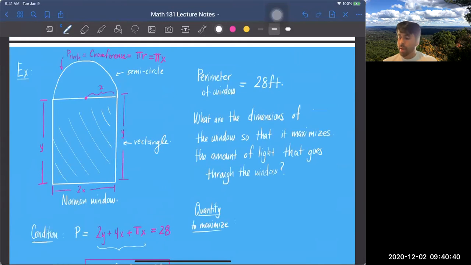So the area would be what? xy, that's the area of the rectangle. And I have to find the area of the semicircle. What's the area of a semicircle, guys? What's the area of a circle?